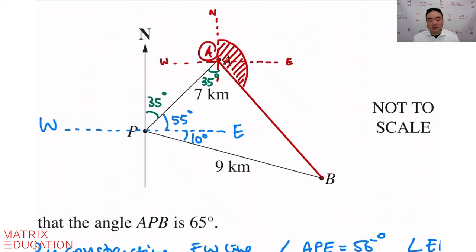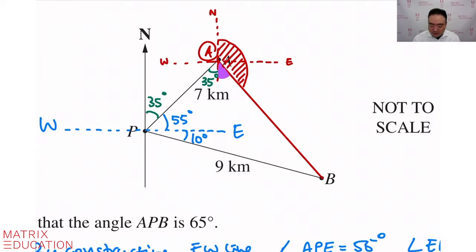Now, how do we find that missing angle? We want to find this missing angle in purple. If we can find this angle in purple, then we can find the shaded angle in red. And this purple angle can be found from here.